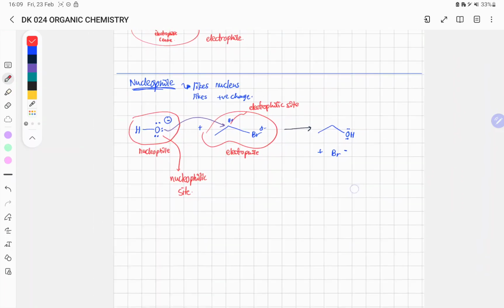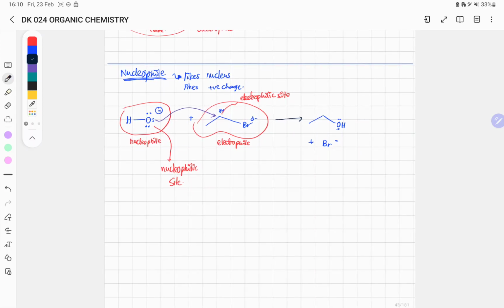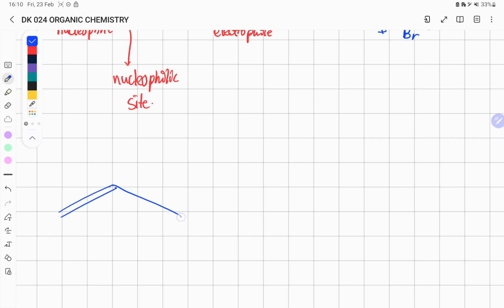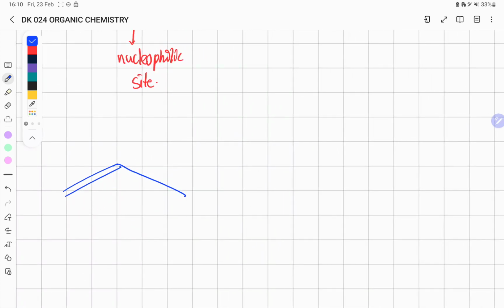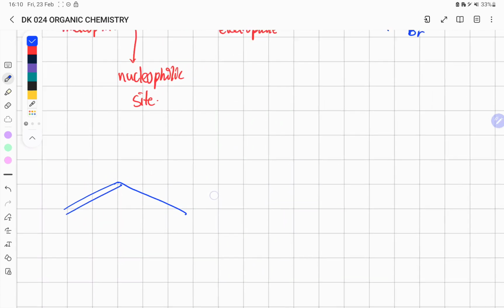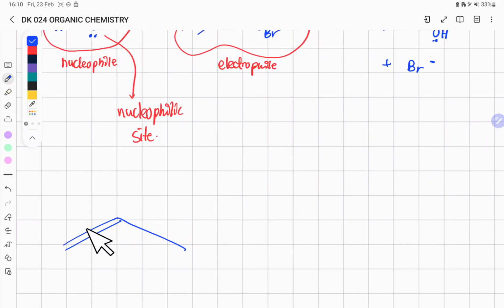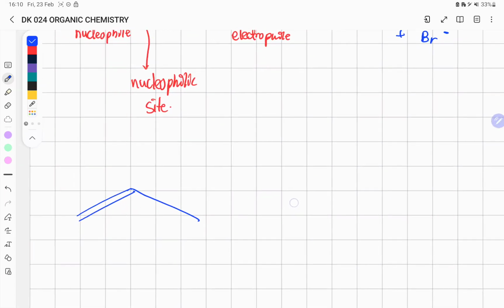Alright. Dan contoh yang lain untuk nucleophile, contoh kalau saya ada alkene like this. Okay, yang ini tak ada charge, betul? Tapi as we can see from here, benda yang tak ada charge pun boleh jadi electrophile. Jadi sama juga dengan alkene yang tiada charge, dia juga boleh jadi nucleophile.